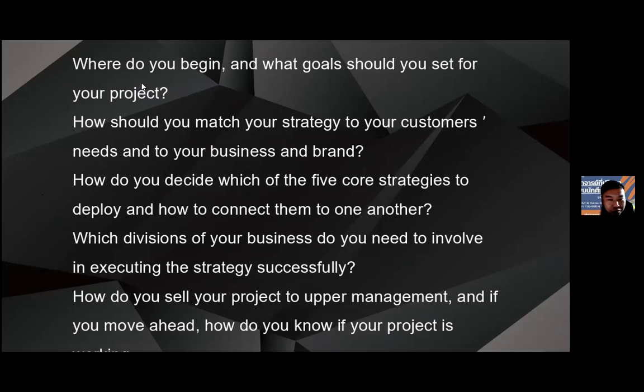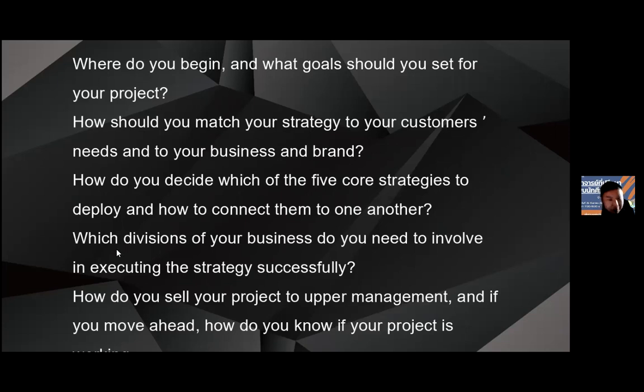The first one is, when do you begin and what goals should you set for your project? The second is, how should you match your strategy to your consumer needs and to your business and brand? The third is, how do you decide which of the 5 core strategies to deploy and how to connect them to one another?